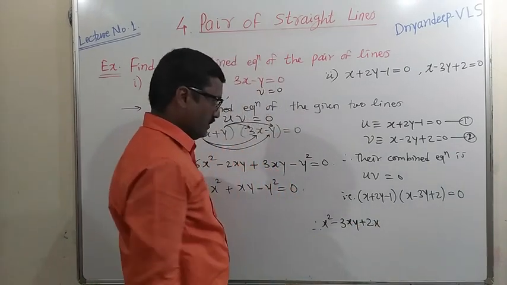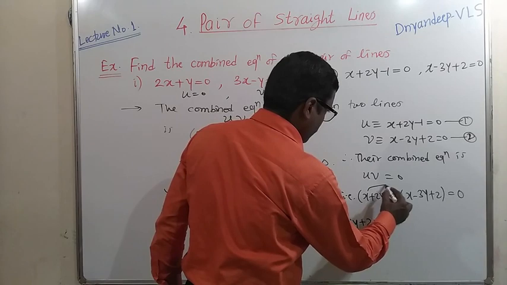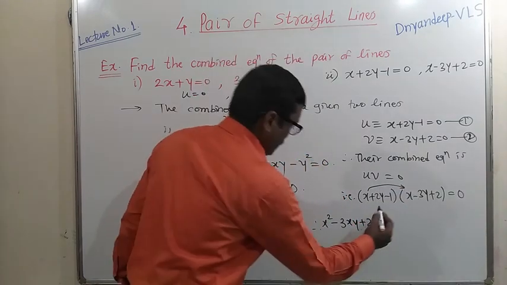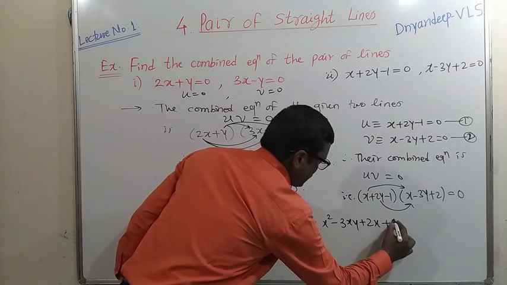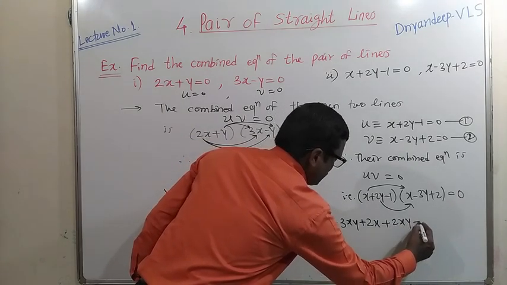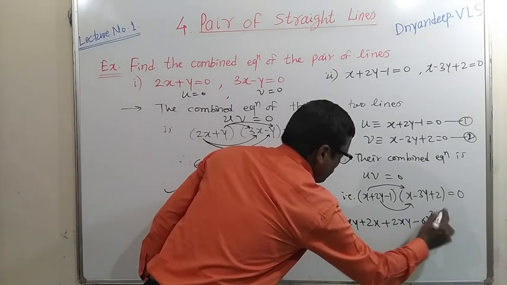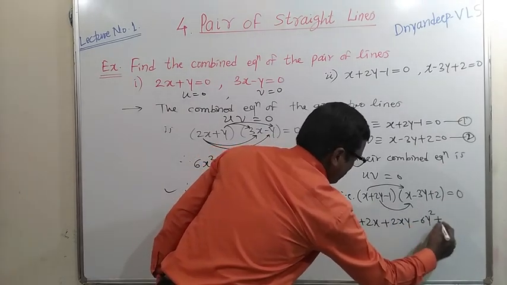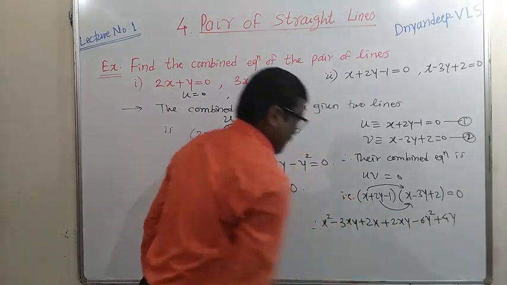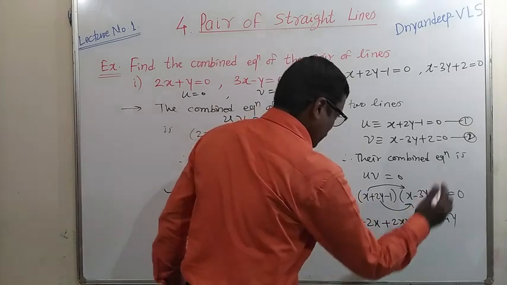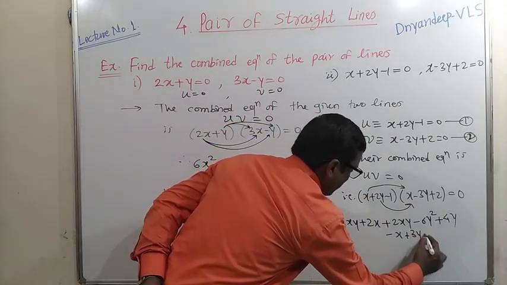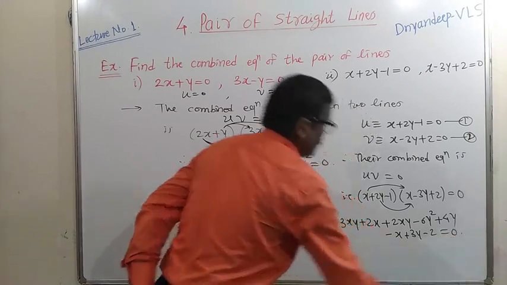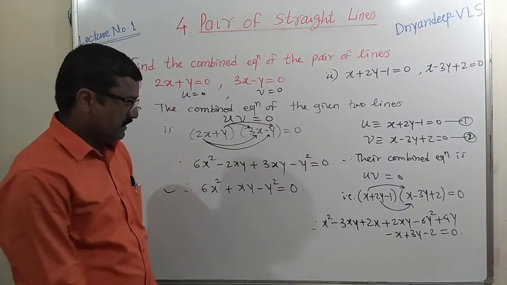Okay, this is by multiplication of x with this bracket. Now take the multiplication of 2y with this bracket. We get plus 2xy minus 6y square and 2y into 2, that is plus 4y. Last term is minus 1, so we get the terms as minus x plus 3y minus 2 equal to 0. Okay, that is the multiplication.